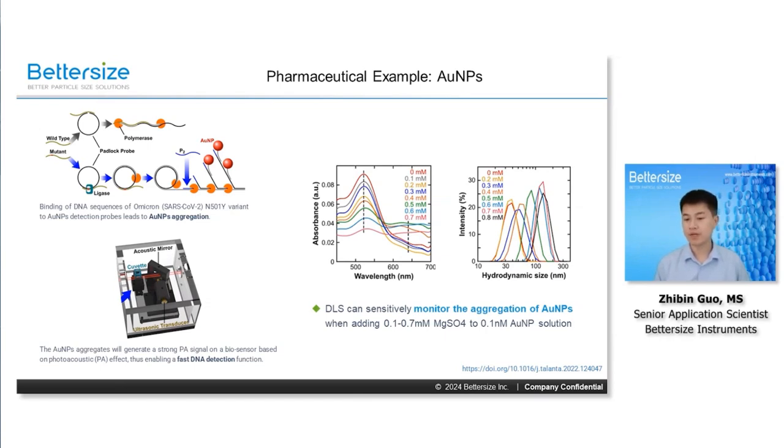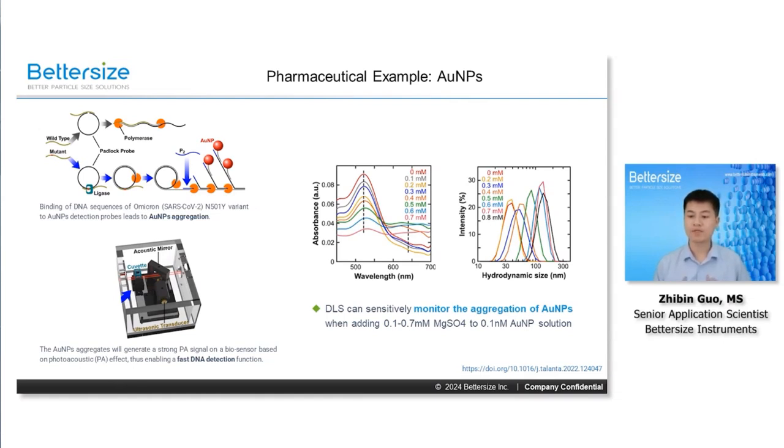Additionally, the hydrodynamic size of the gold nanoparticles was measured using DLS. The data indicated that the average hydrodynamic diameter of the gold nanoparticles grew from 37 nanometers to 136 nanometers as the aggregation progressed.